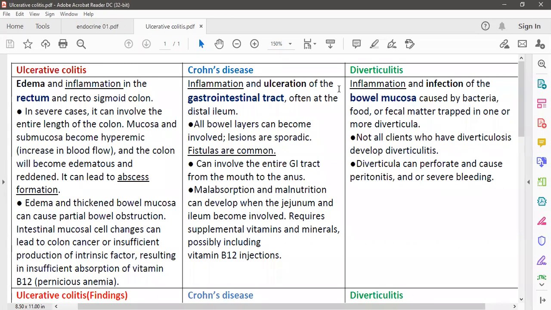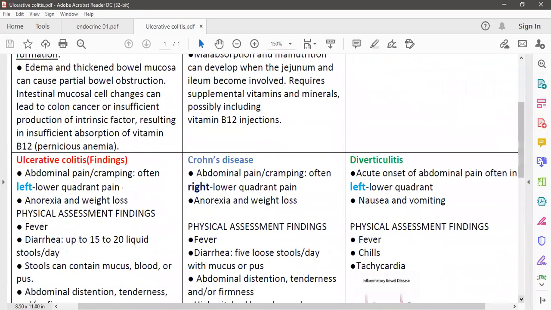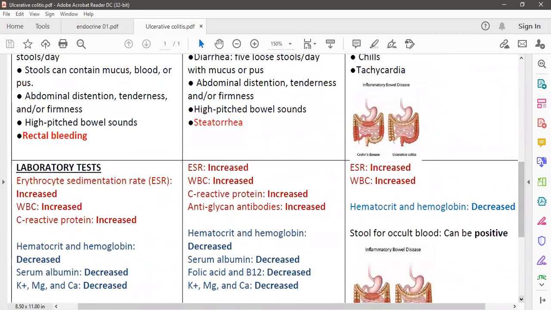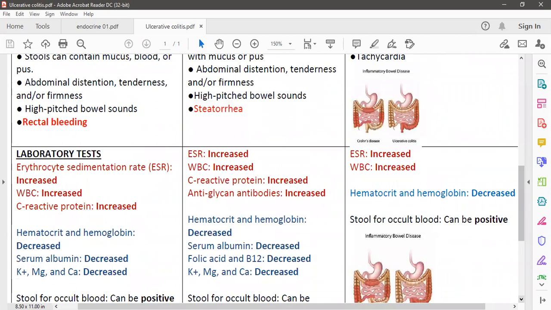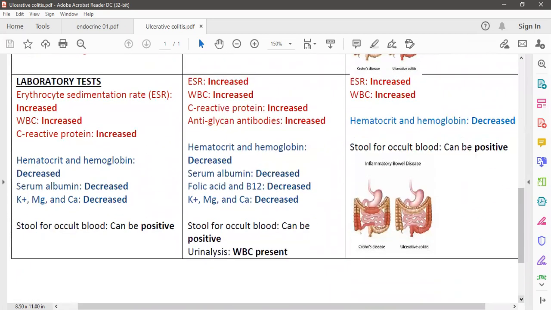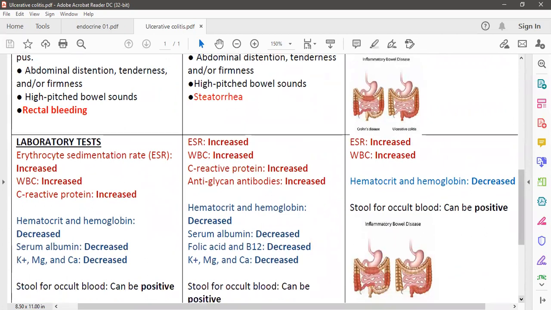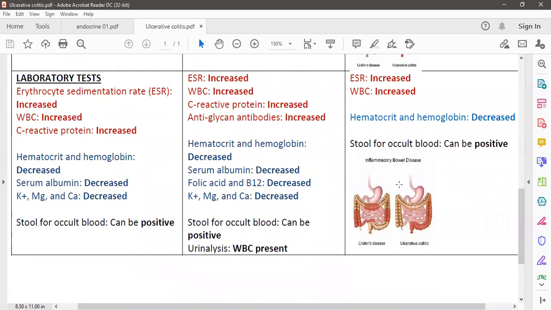Before we go and discuss these three diseases, I'm going to show you the different parts of the GIT, or gastrointestinal system. If we have a look at this small picture, everybody knows it, but I still want to recap.